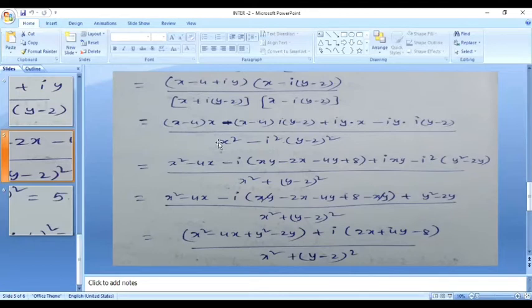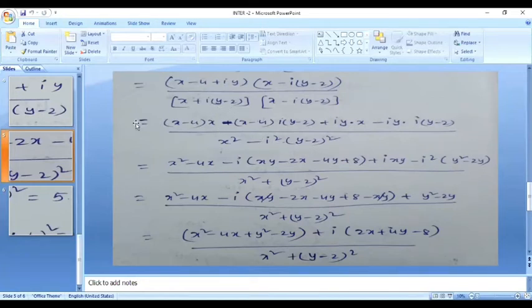Here a is x, and b is i into (y minus 2). So a square is x square, minus b square, which is i square into (y minus 2) whole square.